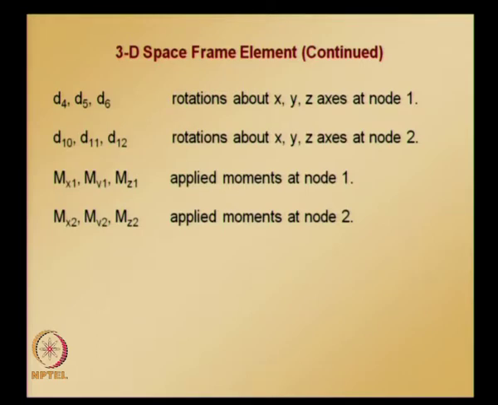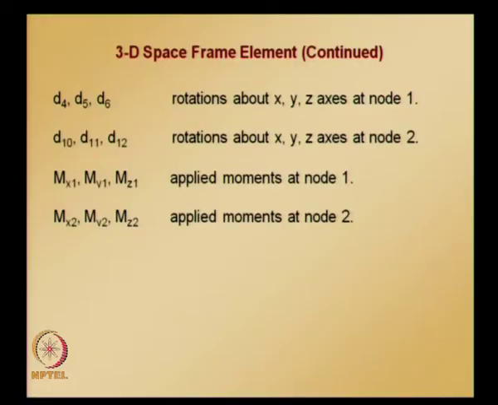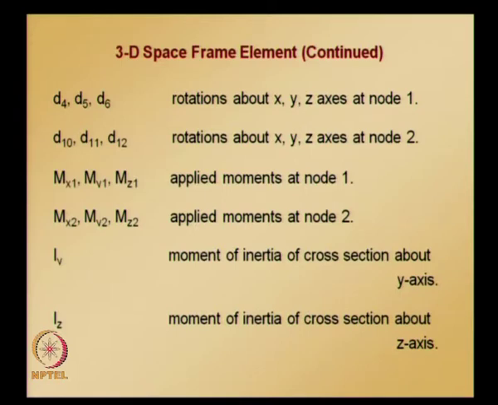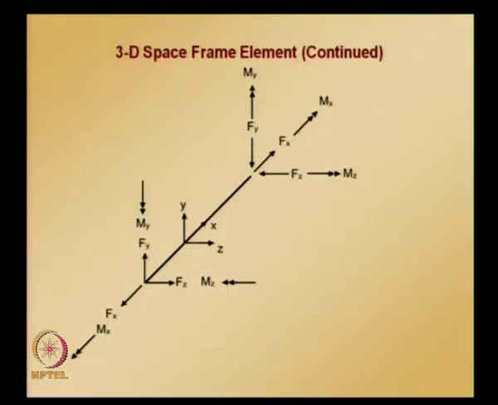And since we have bending about both the y axis and z axis, we need corresponding moments of inertia. Moment of inertia of cross section about y axis and moment of inertia of cross section about z axis are denoted with Iy and Iz. And here the positive directions for internal forces and moments are shown in this figure.